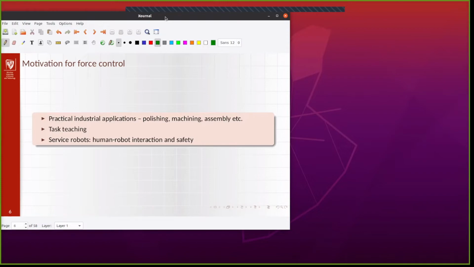As we said, practical industrial applications include polishing, where you need to apply a certain force, machining, and assembly, where you need to react to certain movement, like this shaft insertion example, then task teaching, and in service robotics, human-robot interaction and safety, observing the forces and reacting so as not to apply too much force to people.